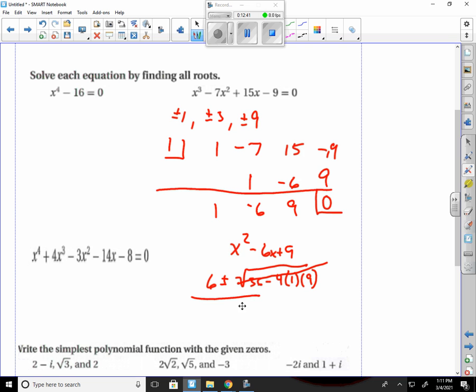I have 6 over 2a, which is 2. So that gives me 3 as my root.